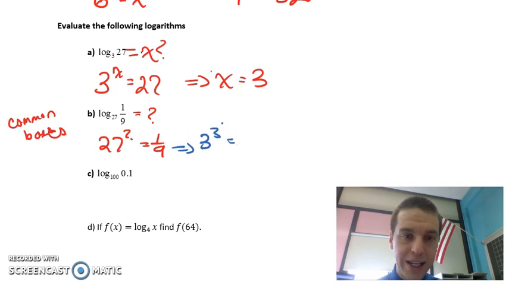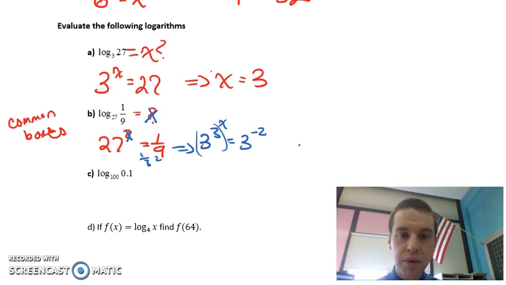And we can write 1/9 as 1 over 3 squared, or 3 to the negative second. And remember that this is our x, this being raised to it. So we really have 3 to the third and then raised to the x. That's what we have here.